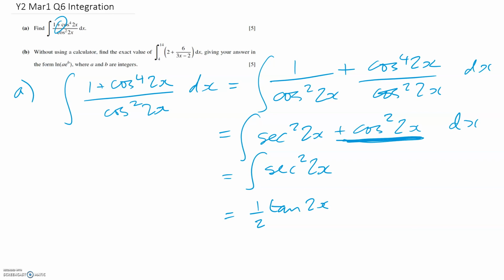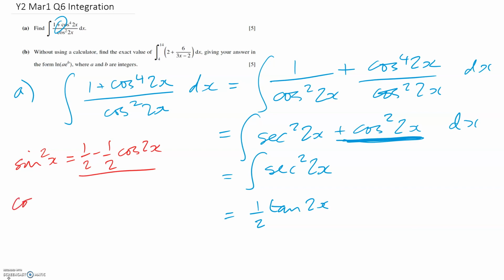Now this is really important. You just need to learn these. If you ever have to integrate sine squared x, you always replace it with a half minus a half cos 2x, and then integrate this, and this is easy to integrate.